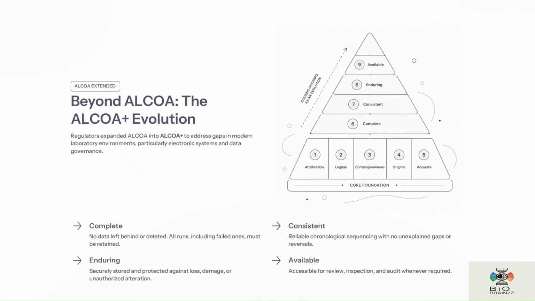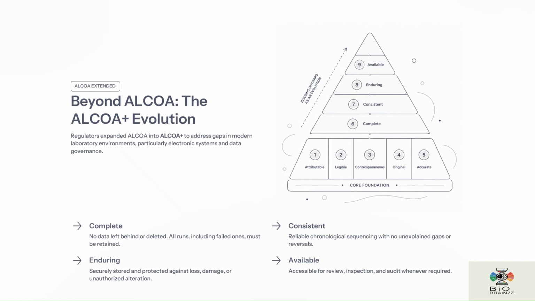As laboratory systems became more digital and complex, regulators expanded ALCOA into ALCOA Plus. ALCOA Plus includes four additional principles. Complete. All data must be retained, including failed runs, invalid tests, and repeated analysis. No data should be deleted simply because the results are undesirable. Consistent. Events should follow a logical order without unexplained gaps.